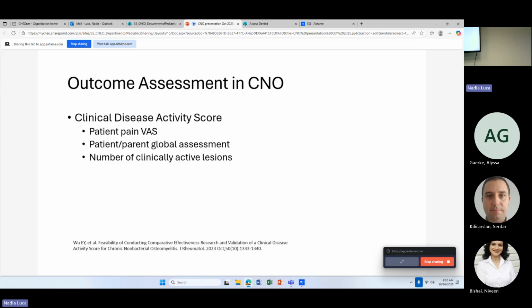I would say very unlikely. Same with their global assessment. And then you'll see number of clinically active lesions. That is the other tricky part.